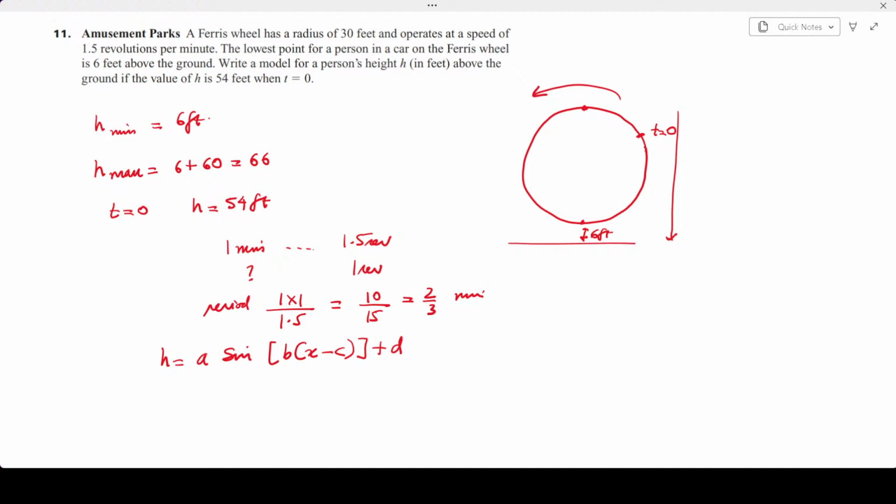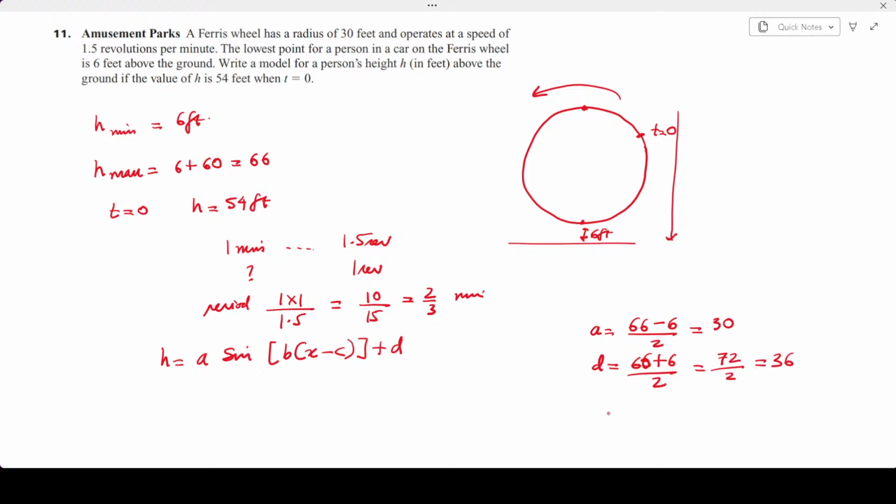That's your vertical stretch, max minus min divided by 2, so 60 divided by 2, which is 30. What's your d? 66 plus 6 divided by 2, so 72 divided by 2 is 36.